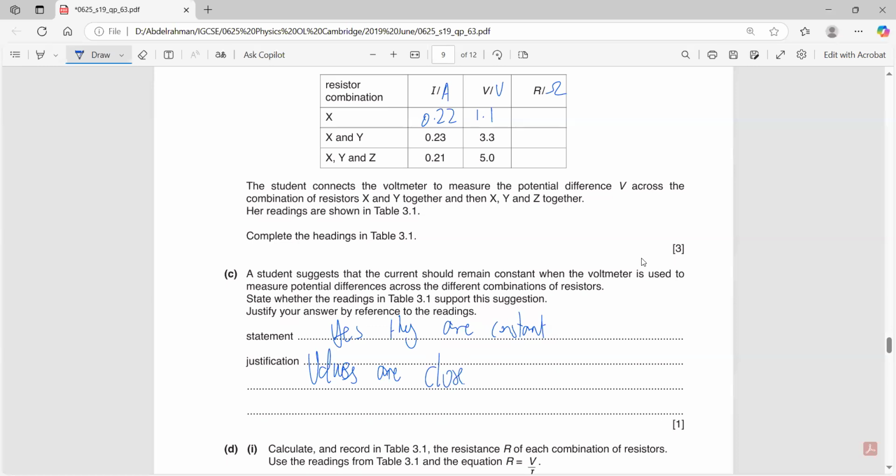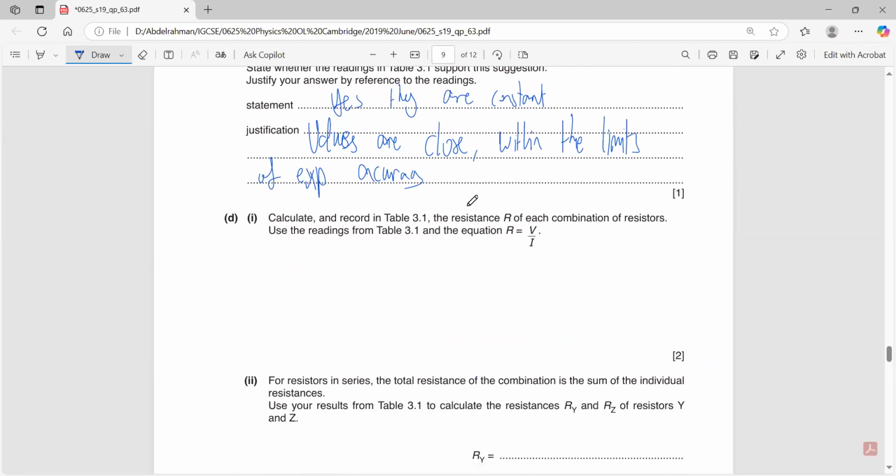If you want, you can calculate the experimental accuracy. You can say 0.23 divided by 0.22 or 0.22 divided by 0.21, whatever you like. You'd find them to be very close.